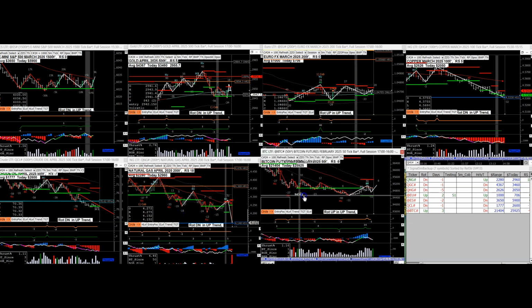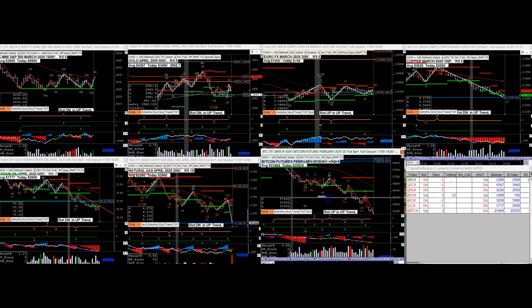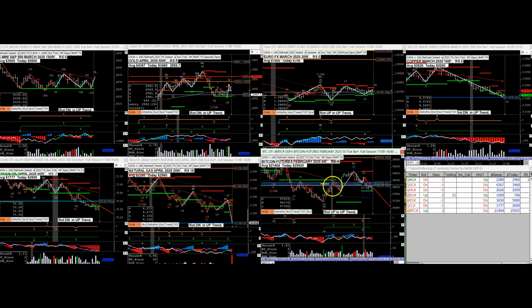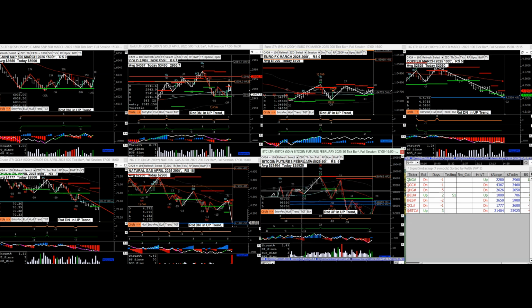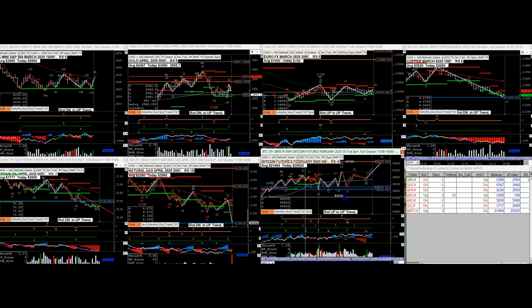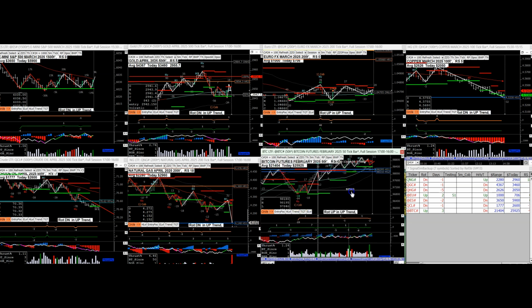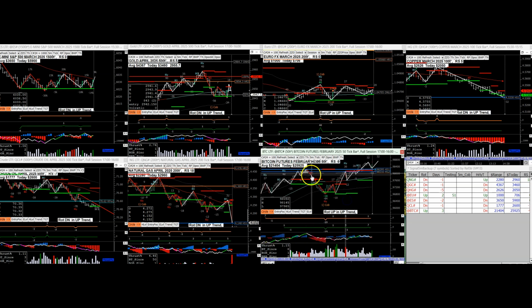I'll give you one more example. This is Bitcoin. Price went into a resistance area. First we'll just take a look at price going higher. This is a good one because it shows when it doesn't work.